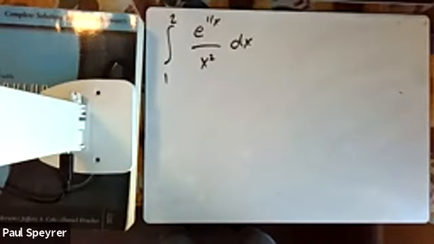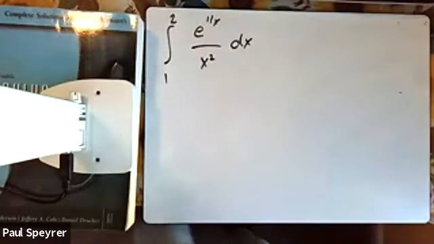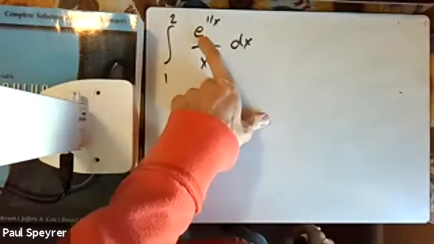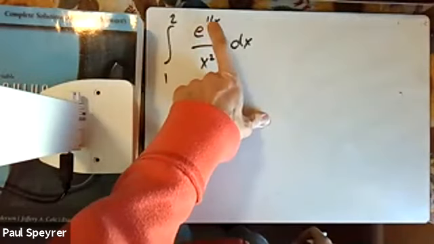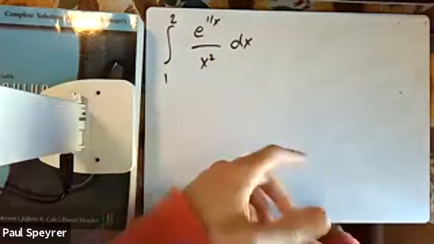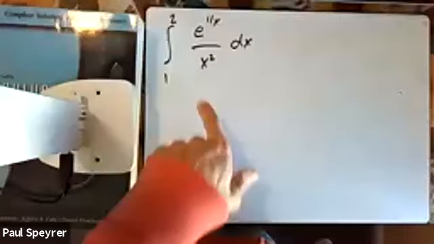So same mode of thinking. You want to ask yourself, I need to let u be something so that when I take its derivative, it matches something else. Okay. And there's all kinds of options, right? Like maybe you're thinking the e to the 1 over x, the 1 over the x, or just the x squared. But you want to think when I take the derivative of something, its result should match something else in the problem.